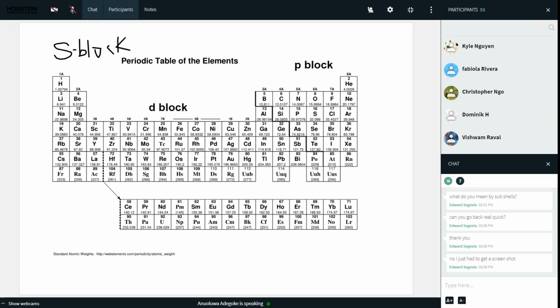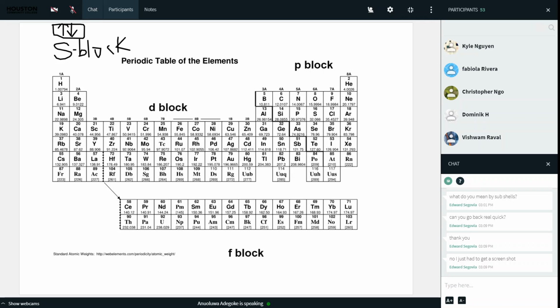I'm going to explain why this is called the S block. Remember we said that the S orbital is just one box, and this one box can hold 2 electrons. The S orbital can hold a maximum of up to 2 electrons. That is why the S block has 2 columns, one for each electron.